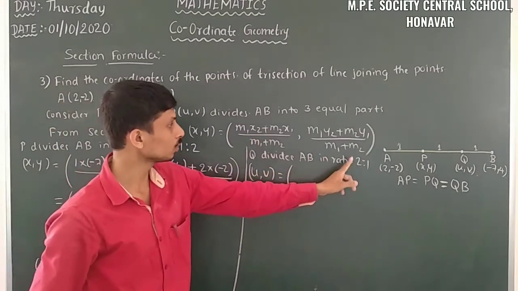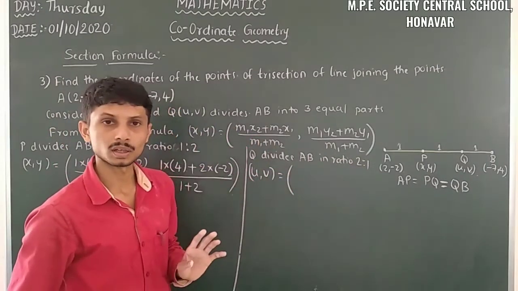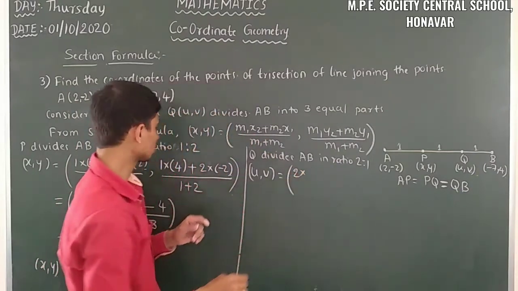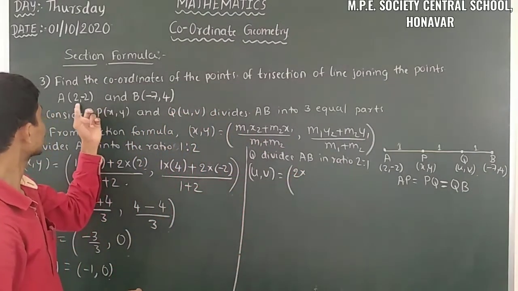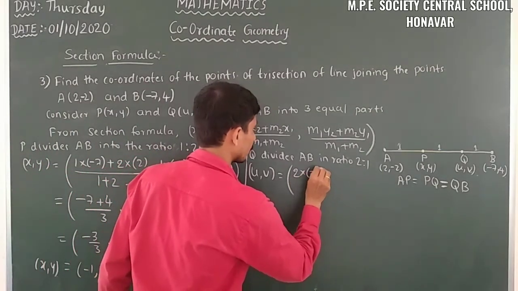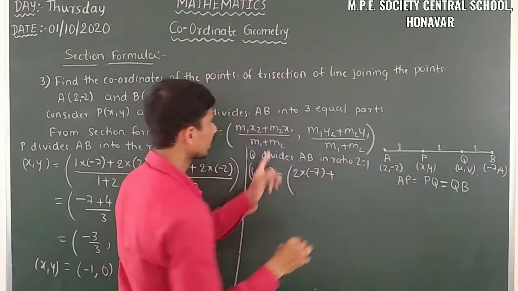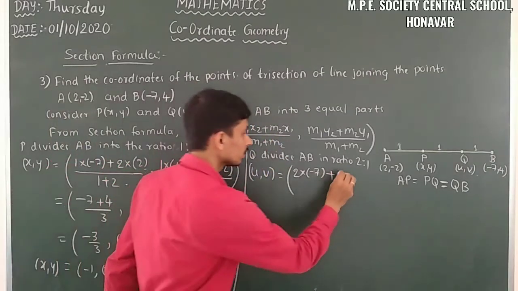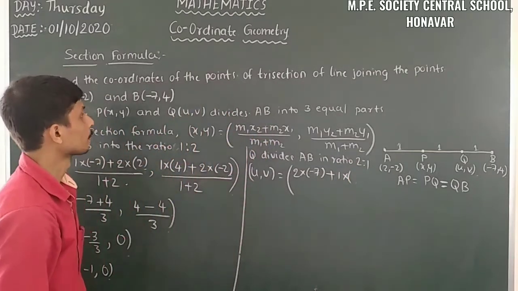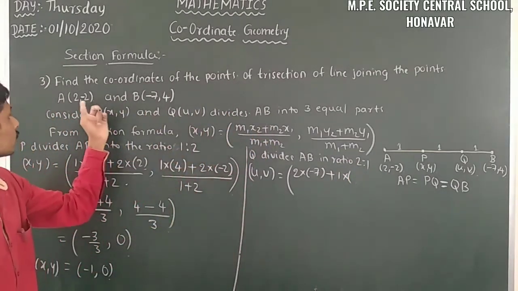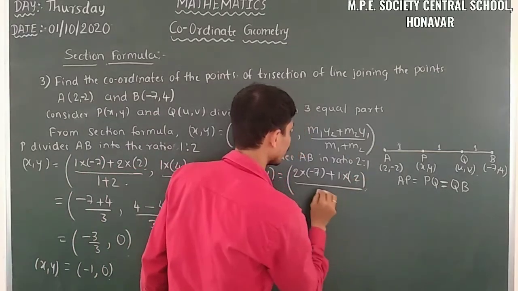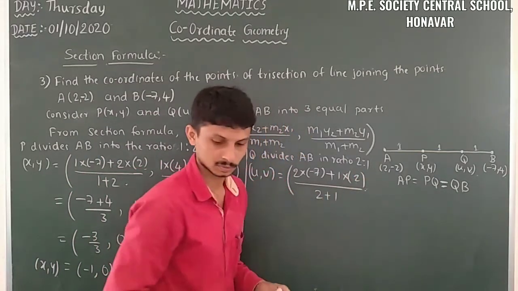Here m1 is 2, m2 is 1. So 2 into x2, which is -7, plus m2 x1, that is 1 into x1, which is 2, divided by 2 plus 1.